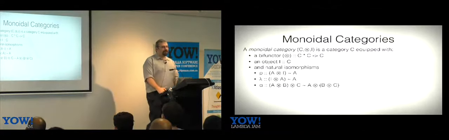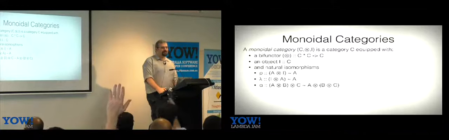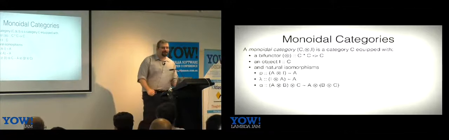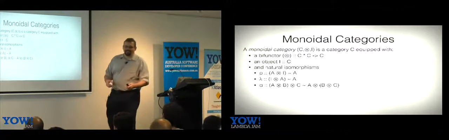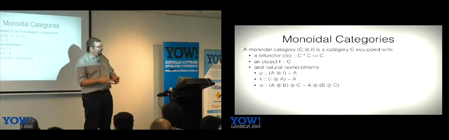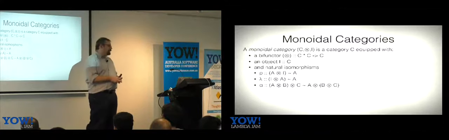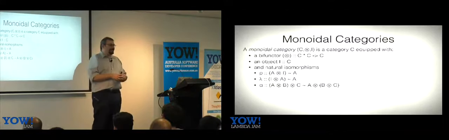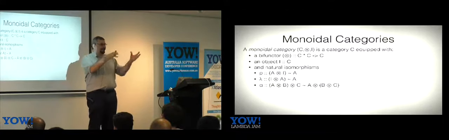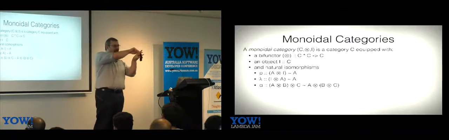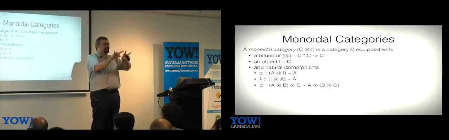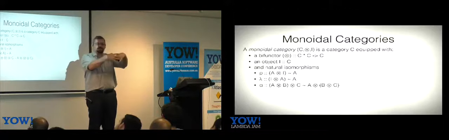So how many people here know what a category is? How many people don't? All right, sorry. A category, in very broad strokes, is a set of objects and a set of arrows between objects. So you have arrows that connect from one object to another, and you have the ability to compose arrows together.